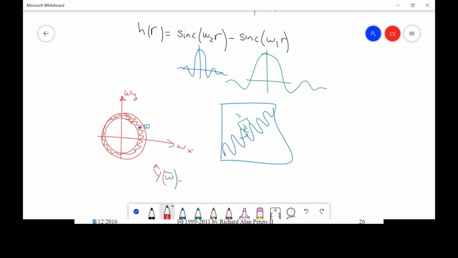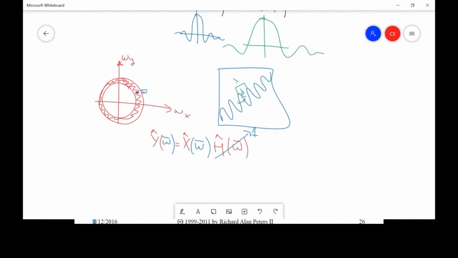It is the input at that frequency times the impulse response at that frequency. Let me write it and then I will simplify. But this is one, because it is at the particular frequency that is one.